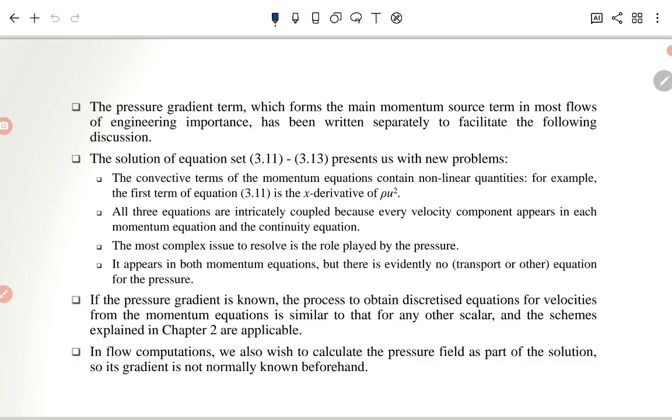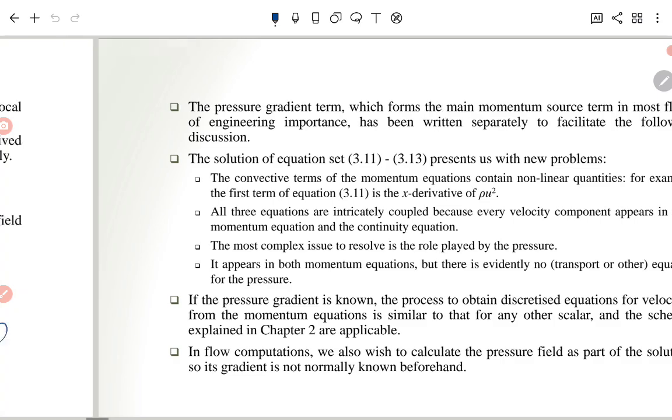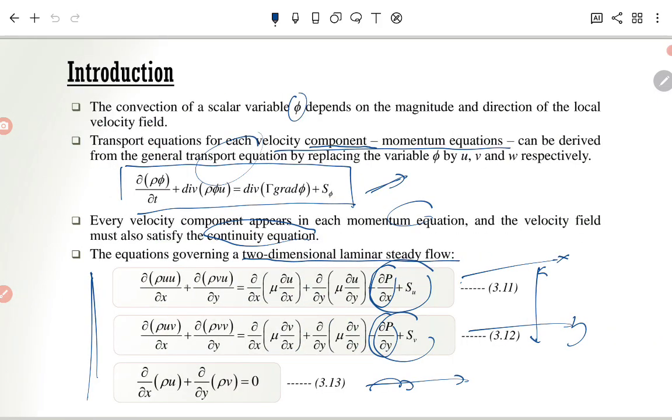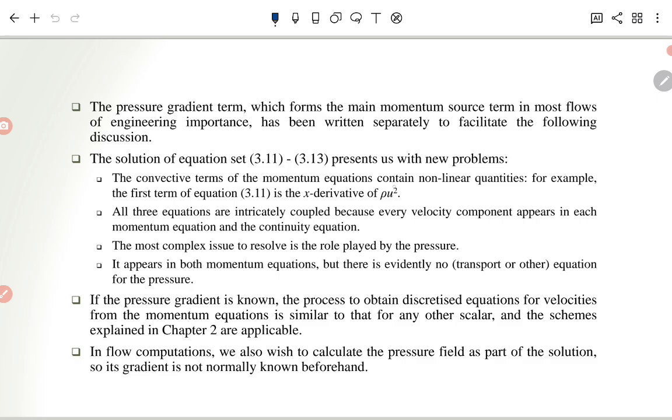Firstly, in this equation we have this x derivative, we have rho u squared. All these equations are coupled because every velocity component appears in the momentum equation and continuity equation. When all these equations are intrinsically coupled because every velocity component appears in the momentum equation, the most complex issue to resolve is the role played by the pressure.